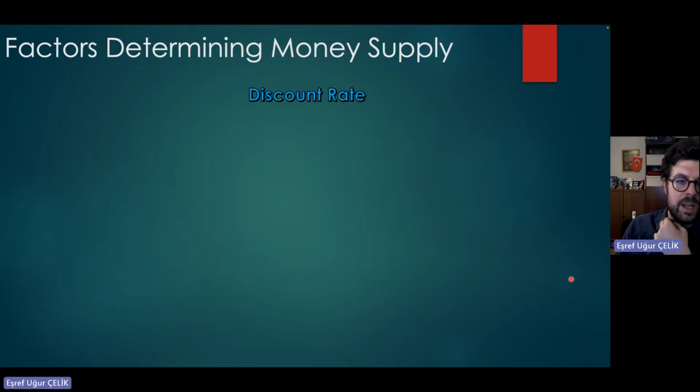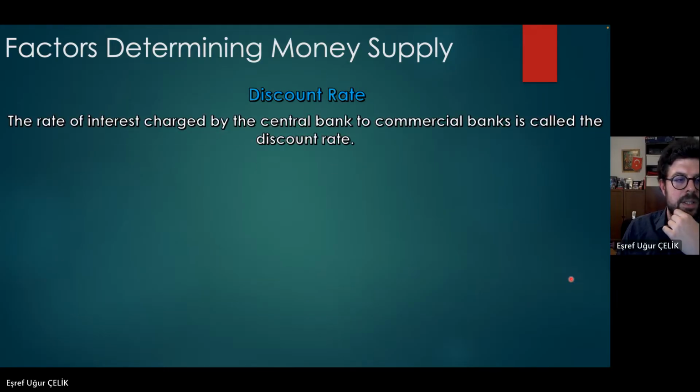Let's come to the discount rate, in Turkish, as I said before, reeskont oranı. The rate of interest charged by the central bank to the commercial banks is called the discount rate. As I said before, the central bank gives money to the banks, and this is called discount credit. In that discount credit mechanism, they use the discount rate.